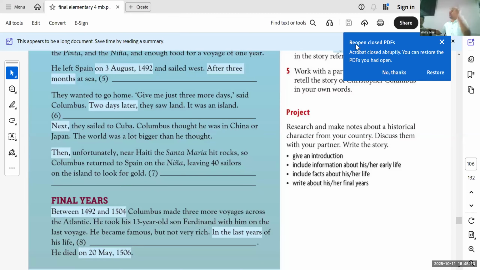The answer to the question who is always somebody, and the answer to the question what is always something. So when you have somebody or something after the verb, it is the object. Got it? A lot of you still have confusions, but some of you have come to the level where you understand what objects are. Let's continue with this exercise a little bit.